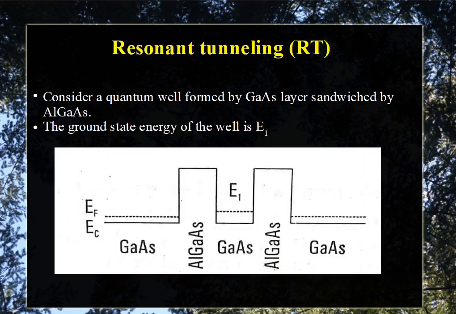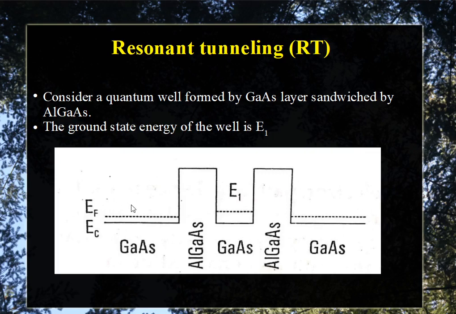So consider a quantum well. Focus here. Gallium arsenide is sandwiched between two wide-bandgap semiconductors, AlGaAs, on the left and right sides. So there is a barrier here and also a barrier here. Here the quantum well is formed. At the extreme left there is gallium arsenide, narrow bandgap, and at the extreme right again gallium arsenide.